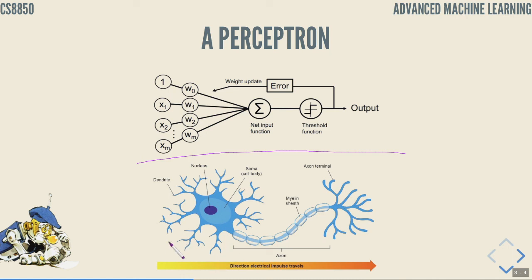The neuron has dendrites, which are connected to axons or outputs of other neurons, and it has a cell body, soma, and an output, axon. Once the potential of the soma increases past some threshold, which is called action potential, the neuron produces an output, it fires.